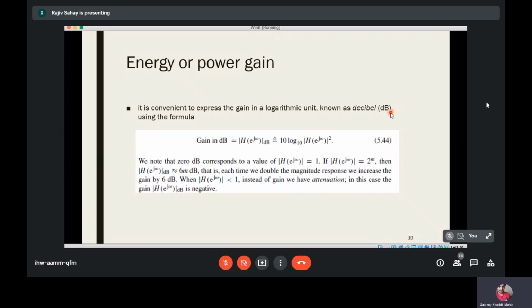So the gain in dB of a filter having a magnitude response mod of H of e to the j omega is defined as equal to 10 log 10 mod of H of e to the j omega square. So it is actually 20 log 10 mod of H of e to the j omega. This is the way it is defined. This symbol, triangle over equal to, means defined as equal to.